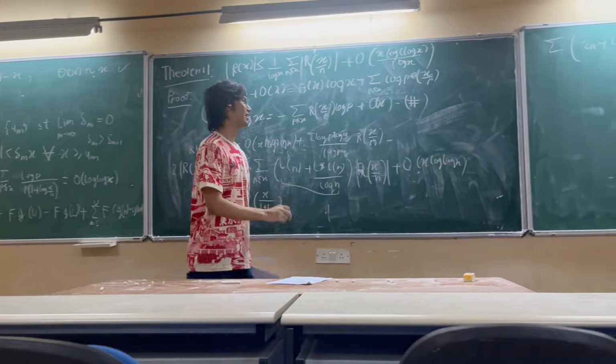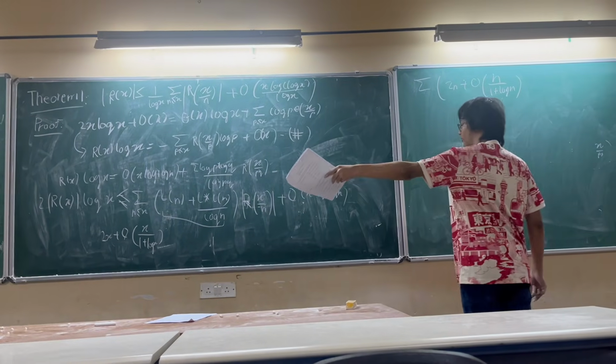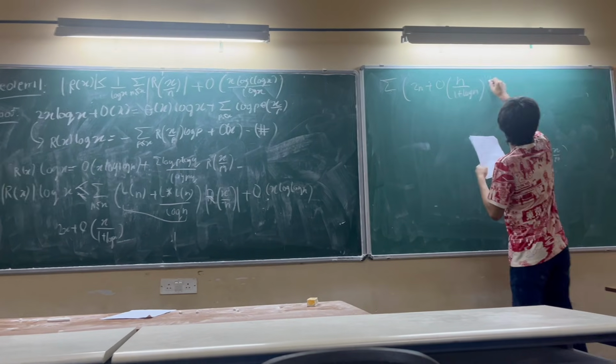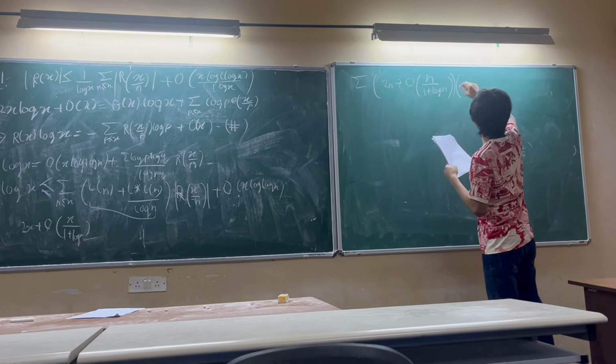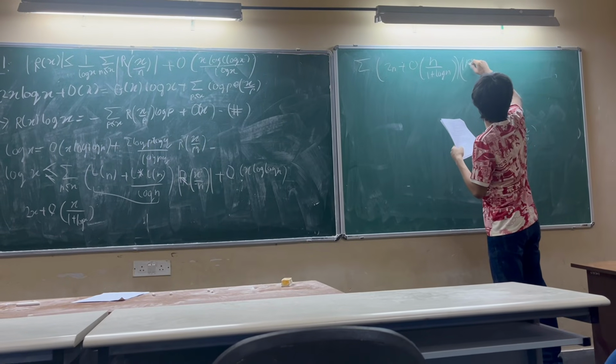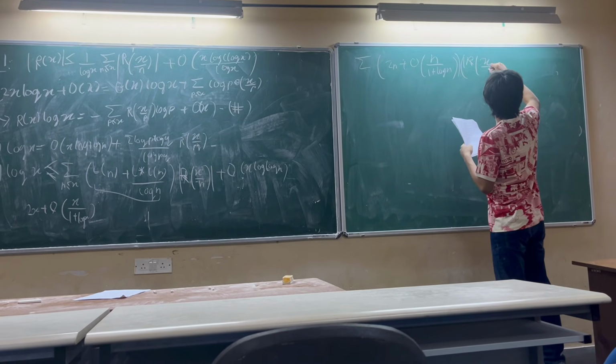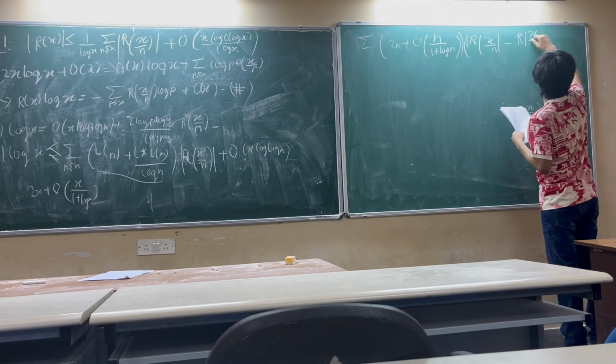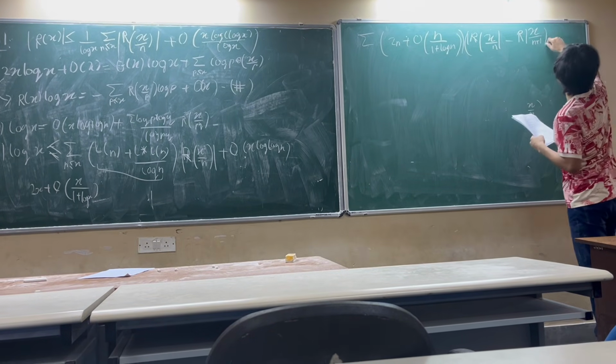So using that over there, that's just a way of rearranging the sum. Using that here, this is equal to r of x by n minus r of n by 1.